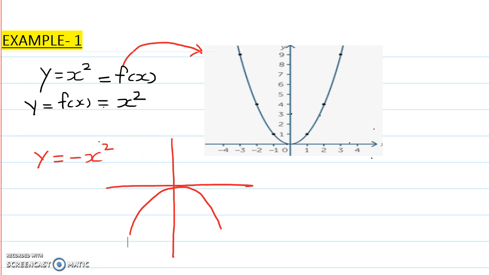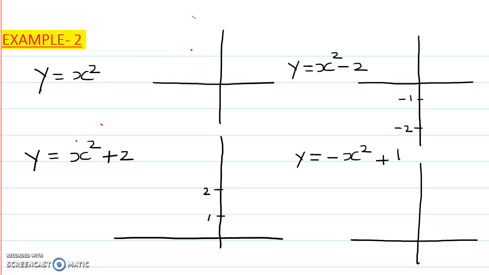Now, example 1. Our curve is y is equal to x square. So let's draw it. This is the y is equal to x square curve, right? Now when it says x square plus 2, it means this curve is moving 2 units up along the y-axis. This is the y-axis and this is the x-axis.